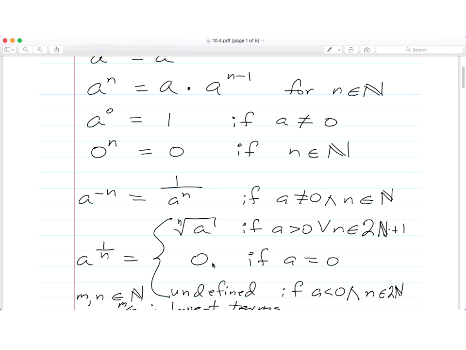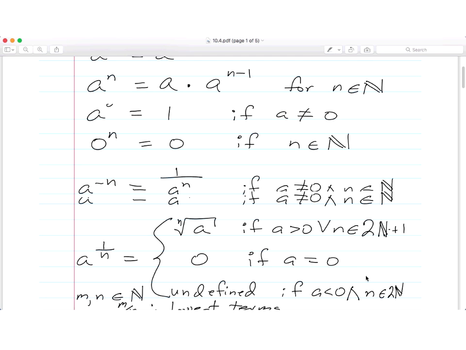A to the power 1 over n is 0 if a is 0. A to the power 1 over n is undefined if a is negative and if n is an even natural number.